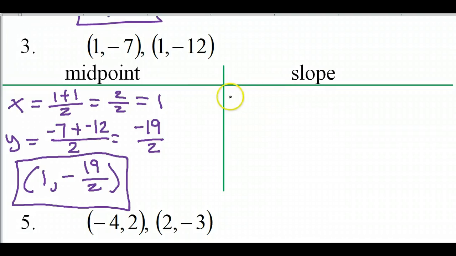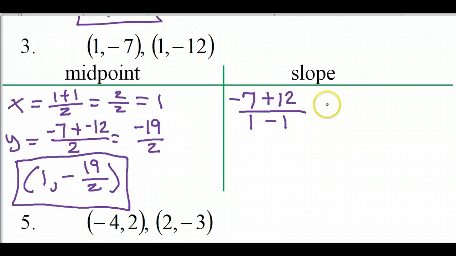Okay, now the slope, y minus y. This time I think I'll just stick with negative 7 minus negative 12. So that's going to be negative 7 plus 12. If the second number is negative, add. And then that's going to be over 1 minus 1.